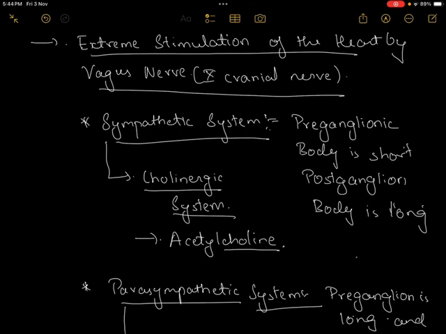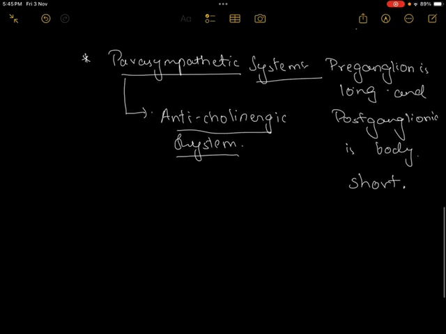So obviously there is a low transmission of impulses from the pacemaker and the conduction of the impulses to the other parts of the heart by the Purkinje fibers and bundle of His. So if there's an extreme stimulation of the heart by the vagus nerve, then there will be a high chance of bradycardia, which is a low heartbeat.